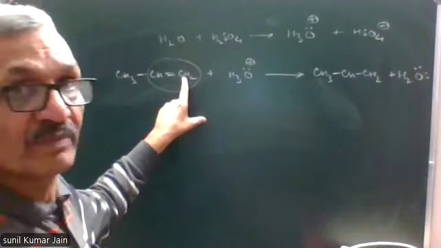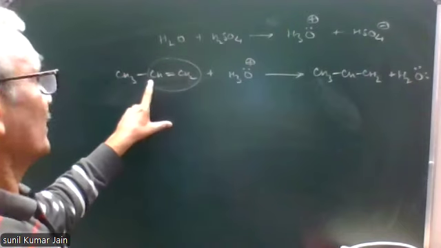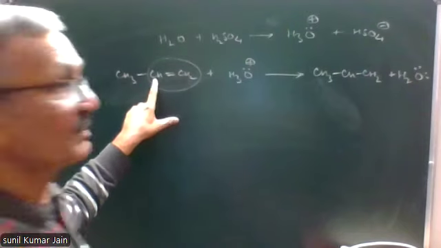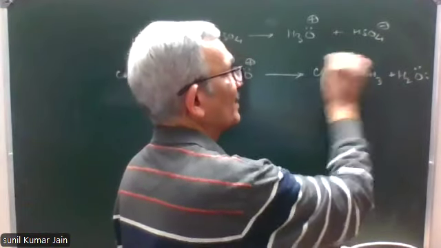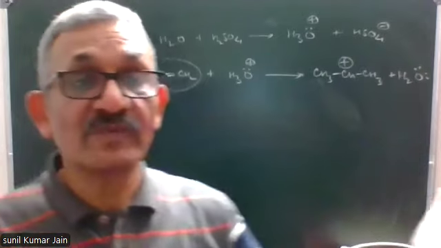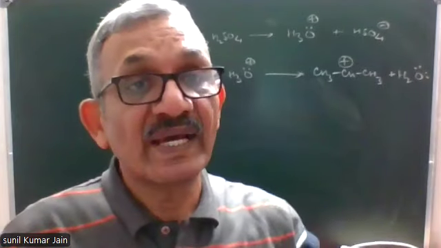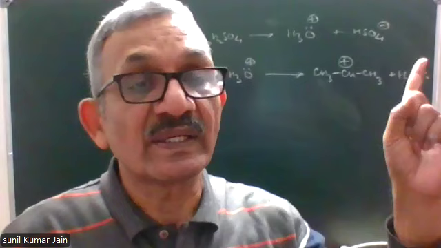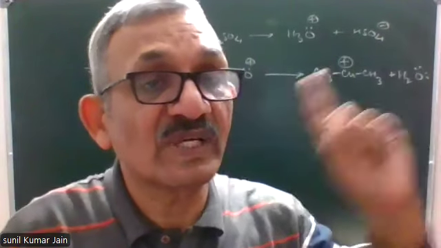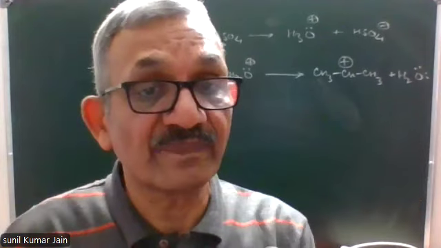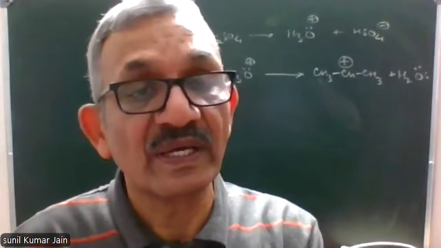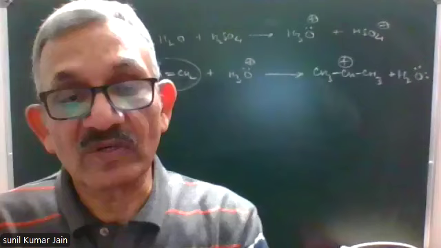So H will form a bond with this. Naturally, plus charge will go to the other carbon atom. So this will change into CH3. So H plus ion forms a bond with one carbon and positive charge goes to the other one. If you remember, you studied in 11th standard, this is nothing but electromeric effect.